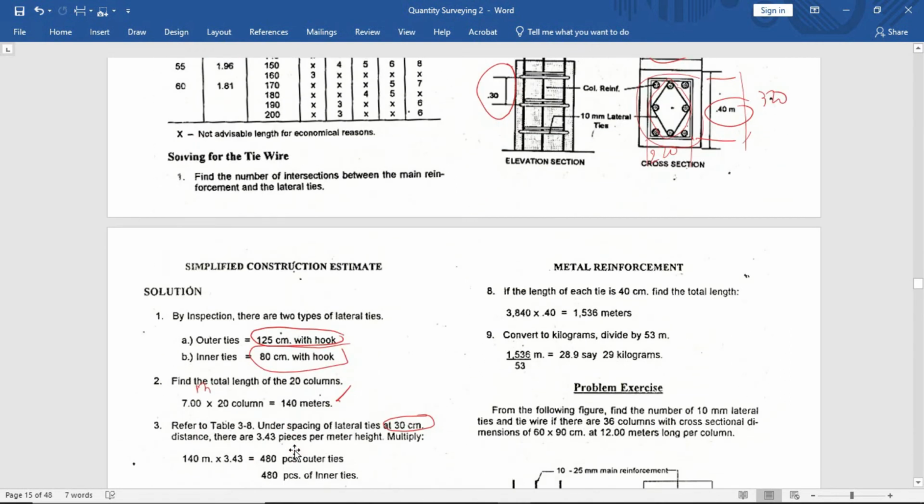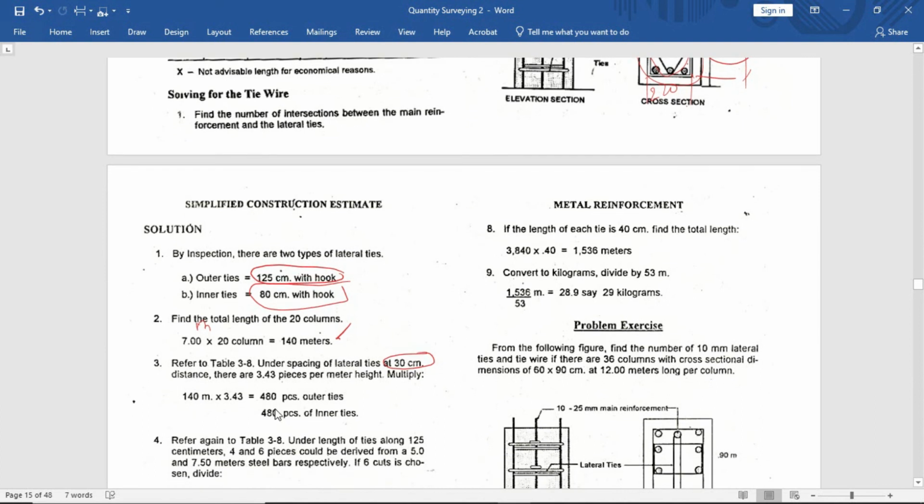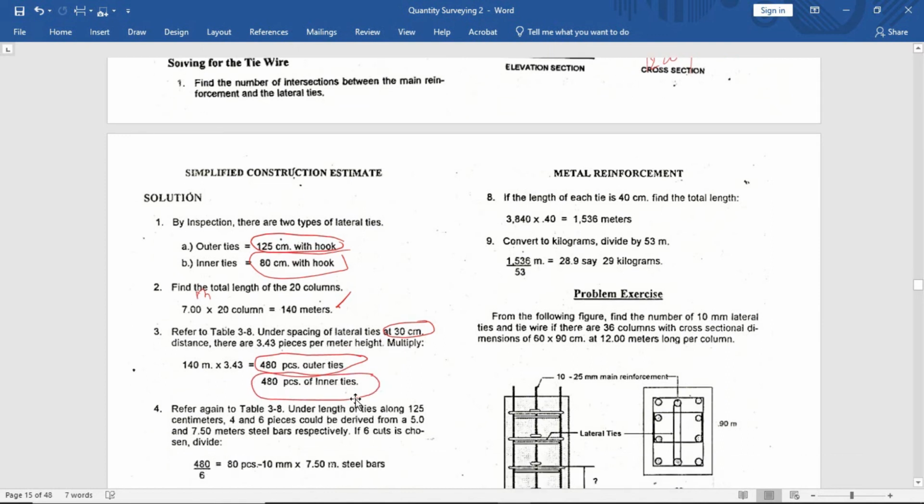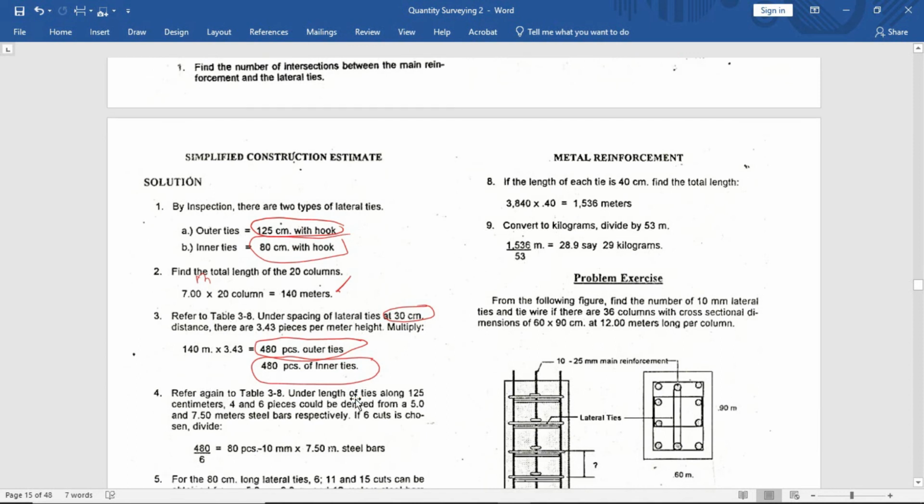So, 140 meters times 3.43 is 480 pieces of outer ties. Since plus lang naman yung inner tsaka outer, ito rin. So, there are 480 pieces of outer and inner ties.